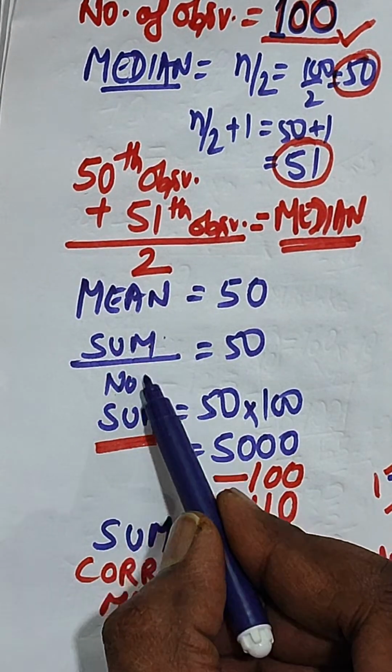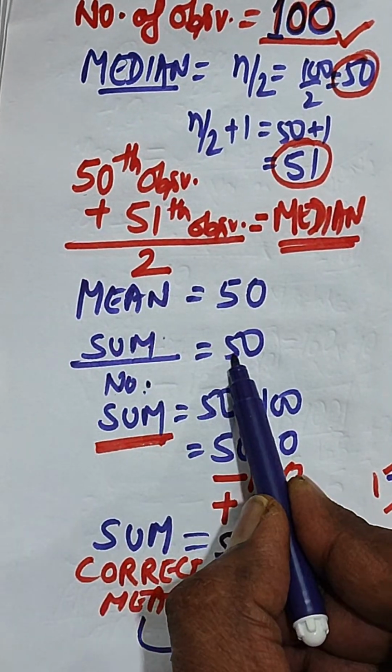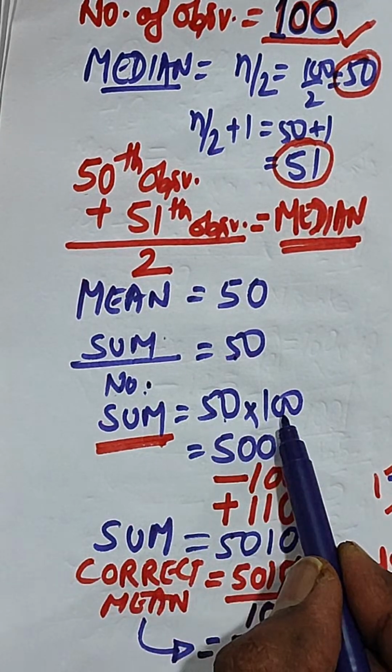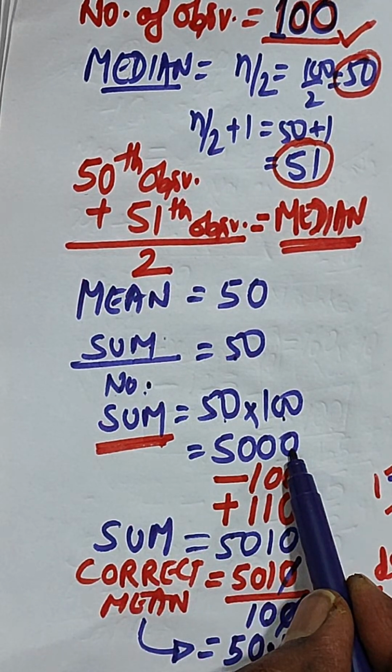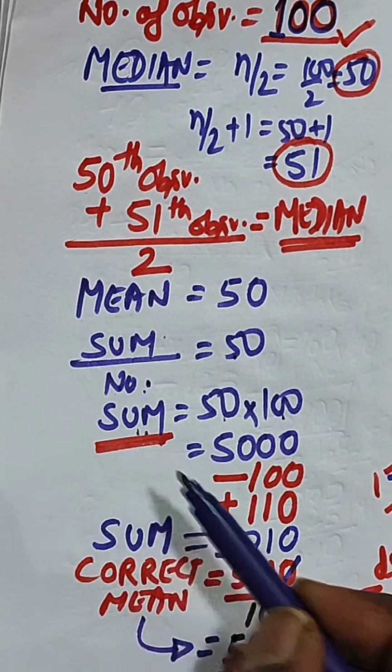So the sum is the product of the number of observations and the mean. That's why 50 into 100, which is 5000, is the value of your sum of observations.